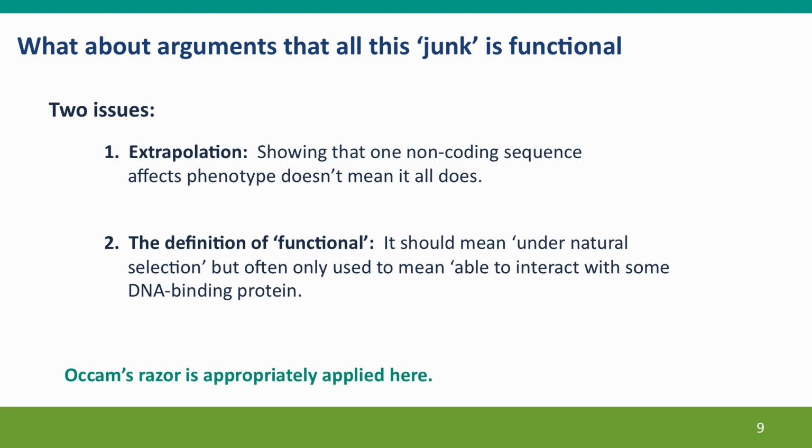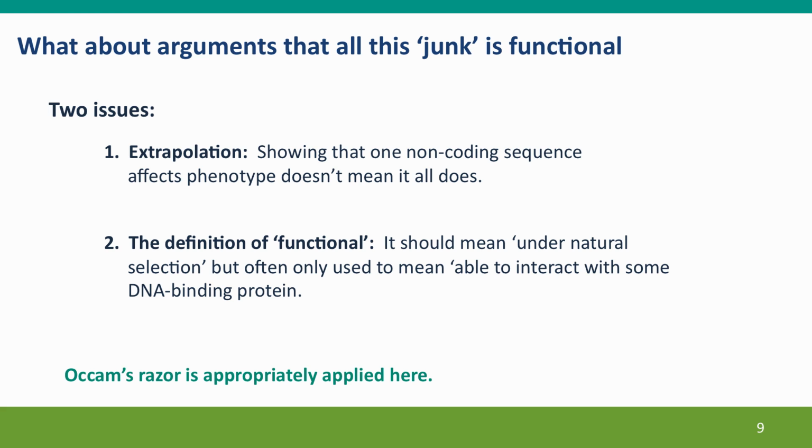Some people want to argue that most of it is functional, but most molecular biologists who've given serious thought to evolutionary processes would say that, well, it's true that occasionally we find non-coding sequences that affect phenotype. And it's true that some small percent of our genome is affecting phenotype.